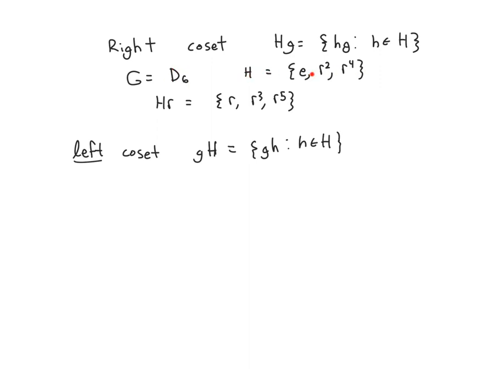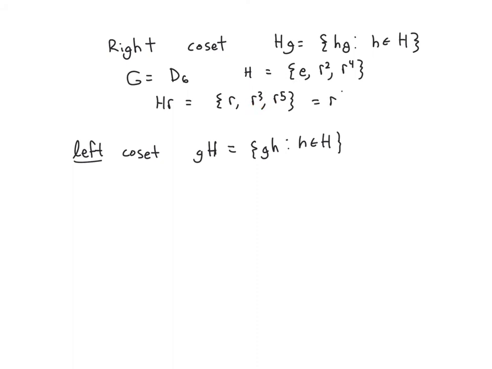We'll let H be that subgroup we just talked about, R squared, the cyclic group generated by the square of the rotation. If I take the right coset with respect to R, then I still get R cubed, R to the 5th.